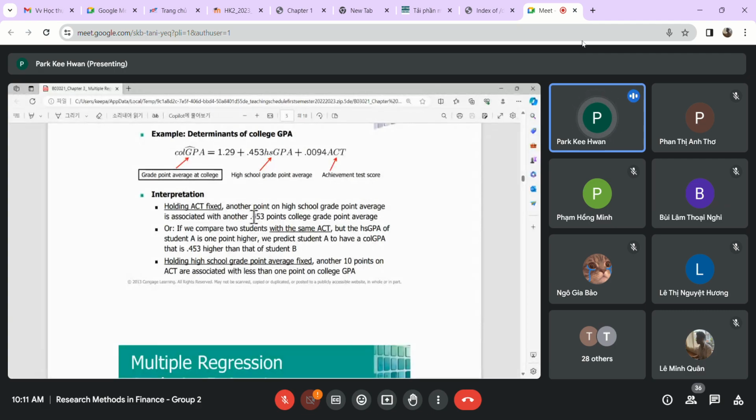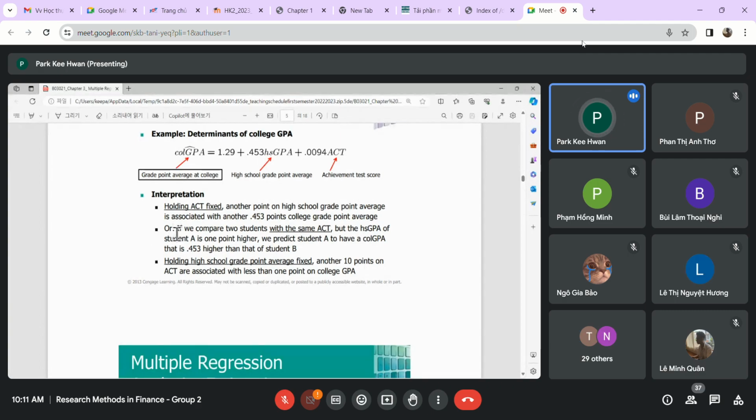That's what I mean. So what does this mean? If a student had a higher high school GPA by another point, while we're holding his SAT fixed, then we predict that his college GPA will be higher by 0.453.